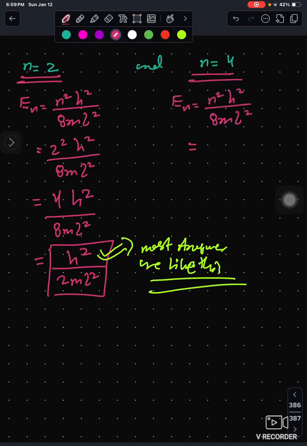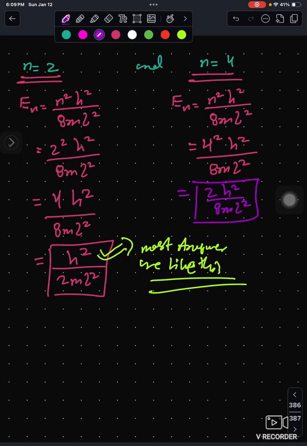The only change is the number we use, of course. So this changes to, I'll just straight up write the answer, 2h squared over 8 m L squared. Okay, so this is our second equation, so the second answer.